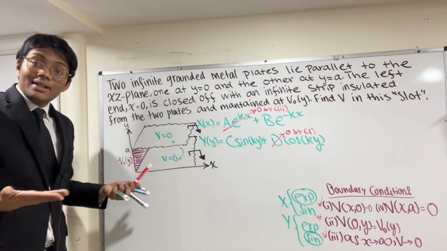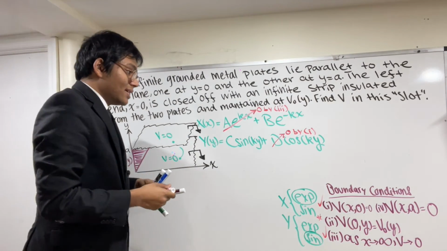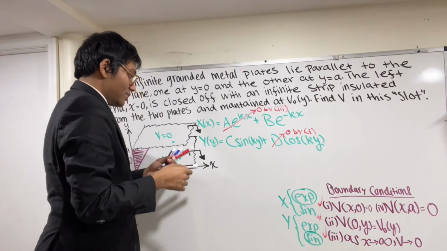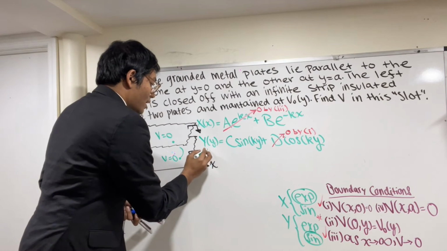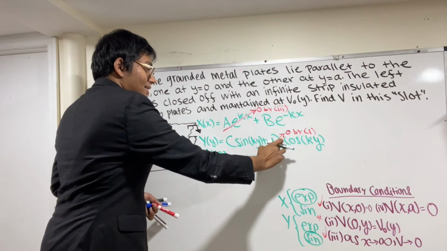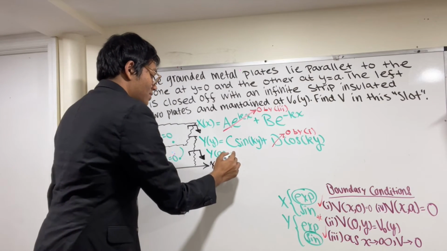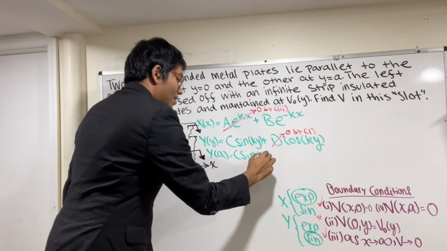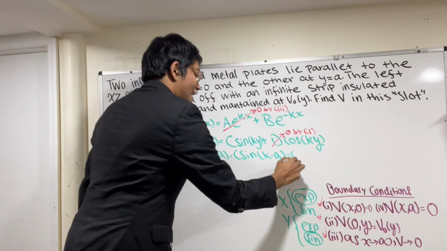Okay, well, let's plug it in and see what that dictates. So when y is A, the potential is 0. Now we are just left with this term. Remember that d was 0 by the first boundary condition. So c sine of k times A has got to be 0.